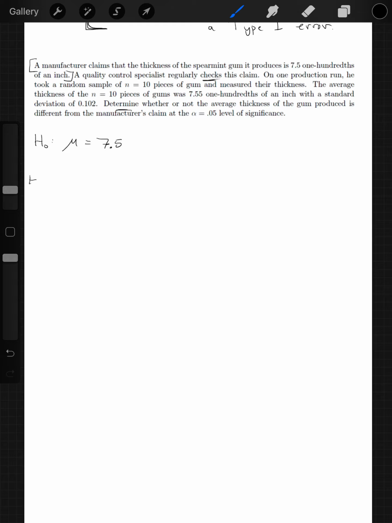And that means we can go ahead and set up our alternative hypothesis without going any further. That's going to be mu is something to 7.5, right? And we just need to pay attention as we read to figure out whether that's less than, greater than, or not equal to, right? So this sentence is just sort of setting it up.